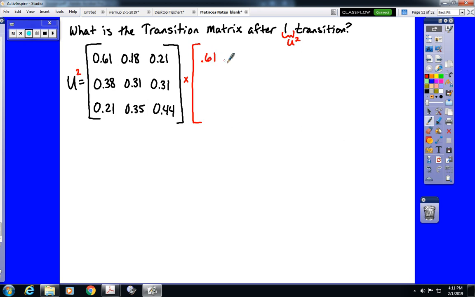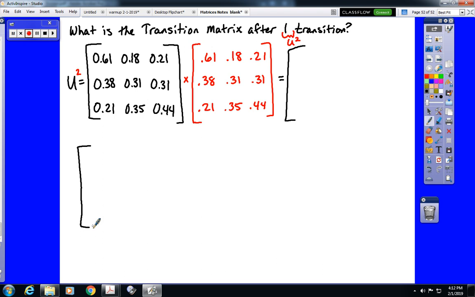So 0.61, 0.18, 0.21, 0.38, 0.31, 0.31, 0.21, 0.35, 0.44. And again, this is matrix multiplication. So we'll put our answer up here, but we're going to do the work down here. Okay? So row 1 times column 1 would be 0.61 times 0.61 plus 0.18 times 0.38 plus 0.21 times 0.21.